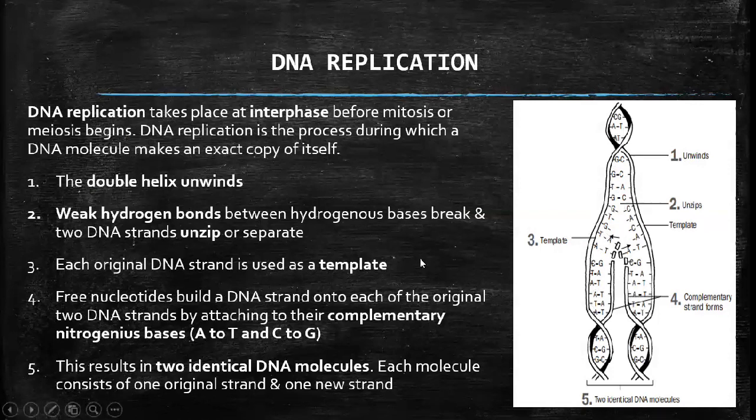Okay, now what happens is that because we have free nucleotides in our cell, these nucleotides use these templates to form a new double-stranded DNA molecule. The complementary nitrogenous bases now bond, whereby adenine goes with thymine and cytosine goes with guanine.